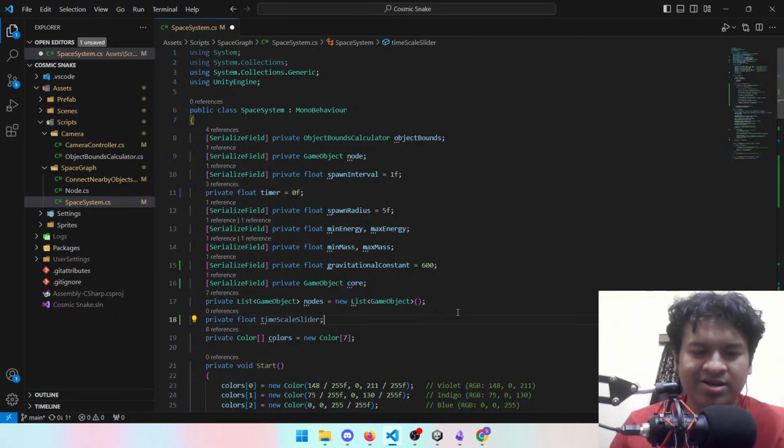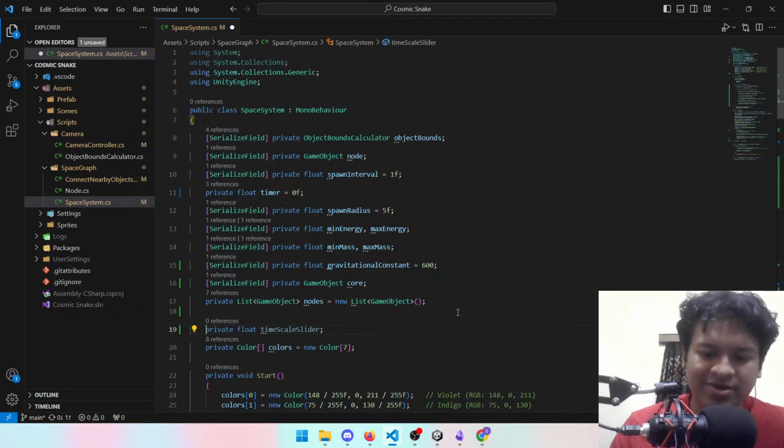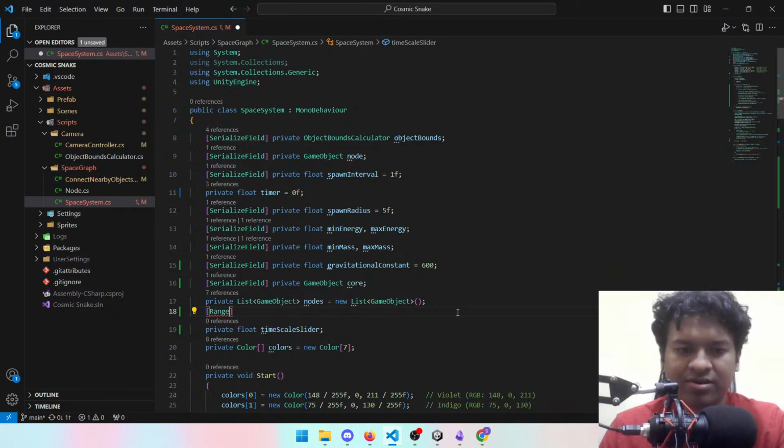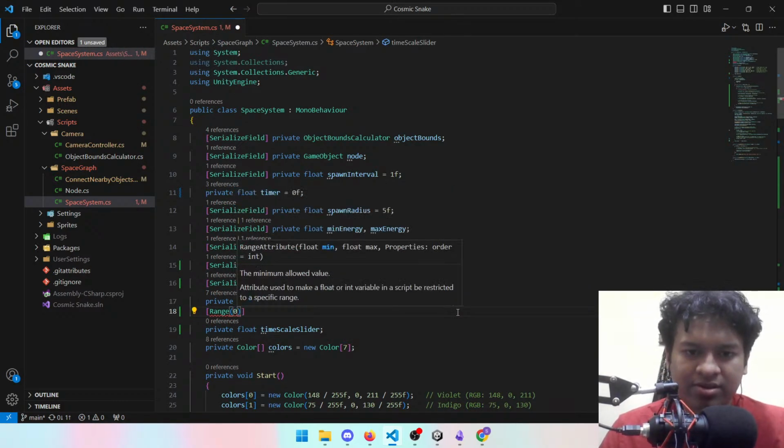How do I make this a slider? Wasn't this like a range between or something? Float min 0f, comma 1f.